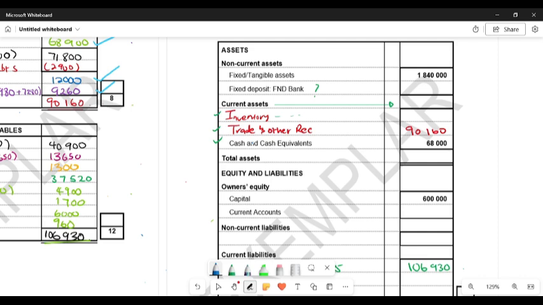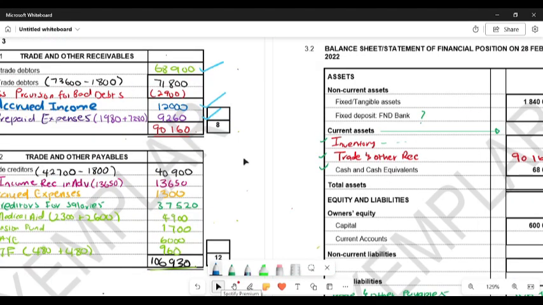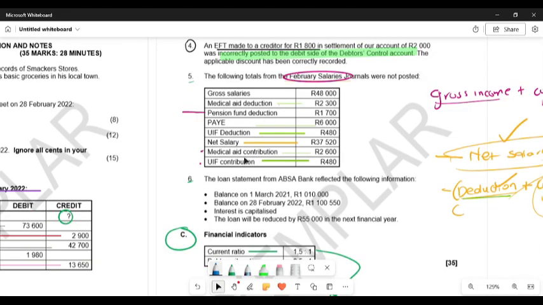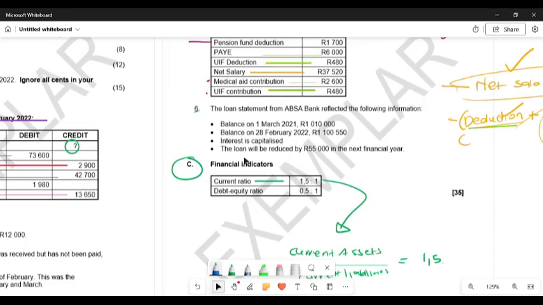Now moving on to owner's equity. I have my capital balance, which is 600,000. Current accounts: am I given any information that has to do with current accounts or any balance? Let me look here. As you can see, there isn't any information to do with our current accounts, meaning that to find that current account balance, we're going to use ratios, financial indicators. And what ratio exactly are we going to use? Debt to equity.